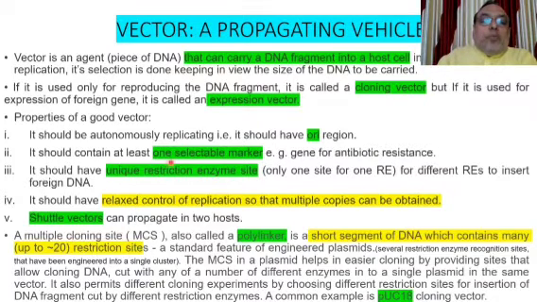So it should have a site of origin, a selectable marker, a unique restriction enzyme site, and relaxed control so that multiple copies could be formed easily.